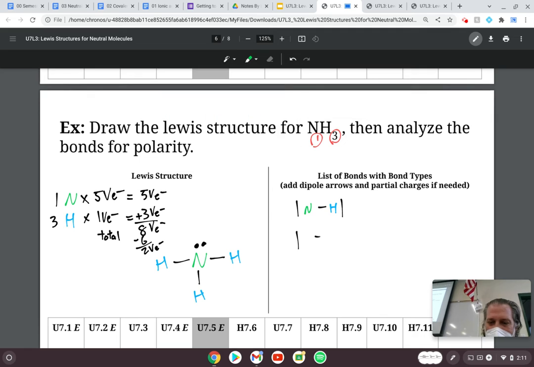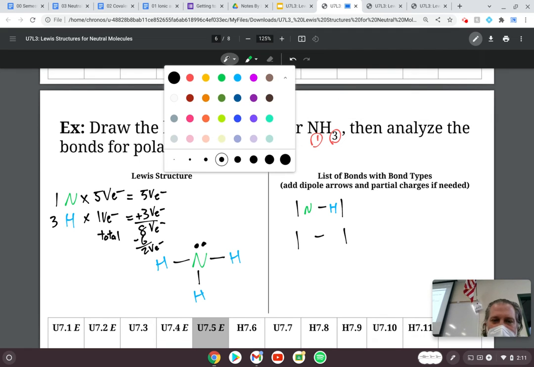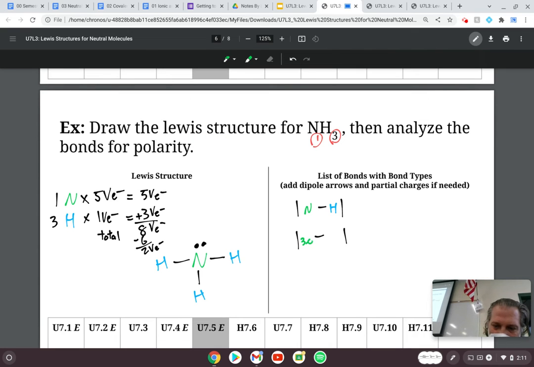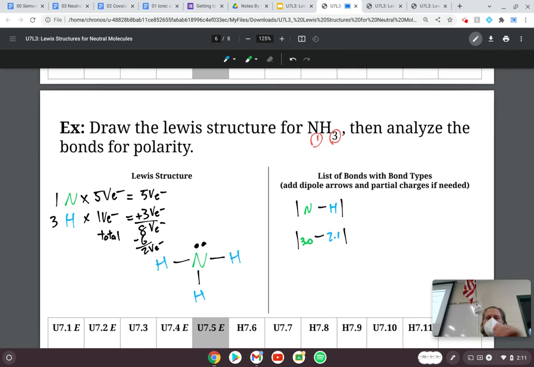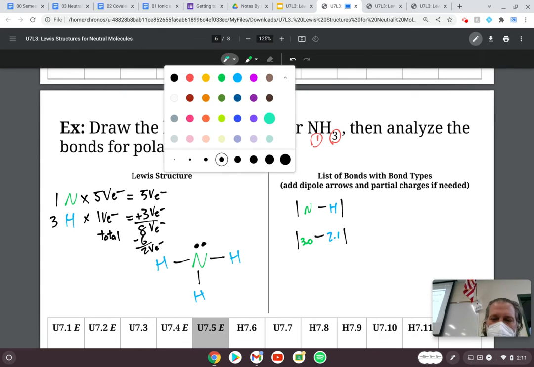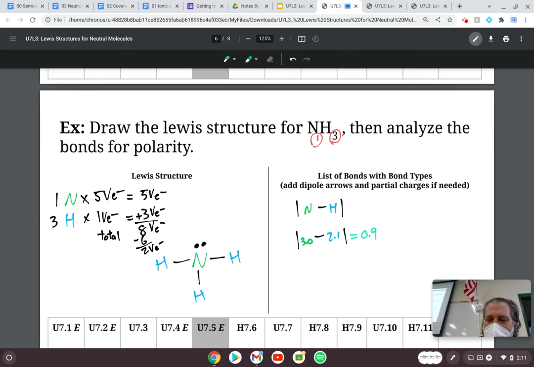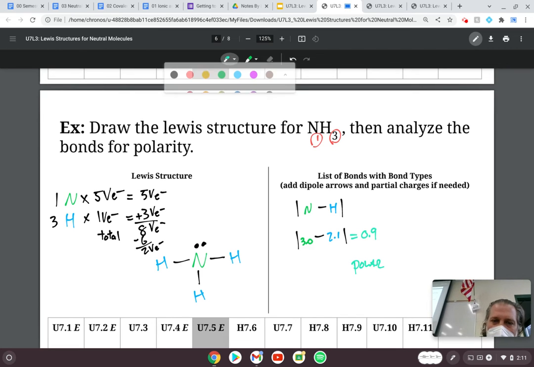So I'm going to go ahead and locate nitrogen on the periodic table and identify that nitrogen's electronegativity is 3.0 and hydrogen's electronegativity is 2.1. 3.0 minus 2.1 gives me something like 0.9 for my electronegativity difference. That tells me that it is a polar covalent bond.